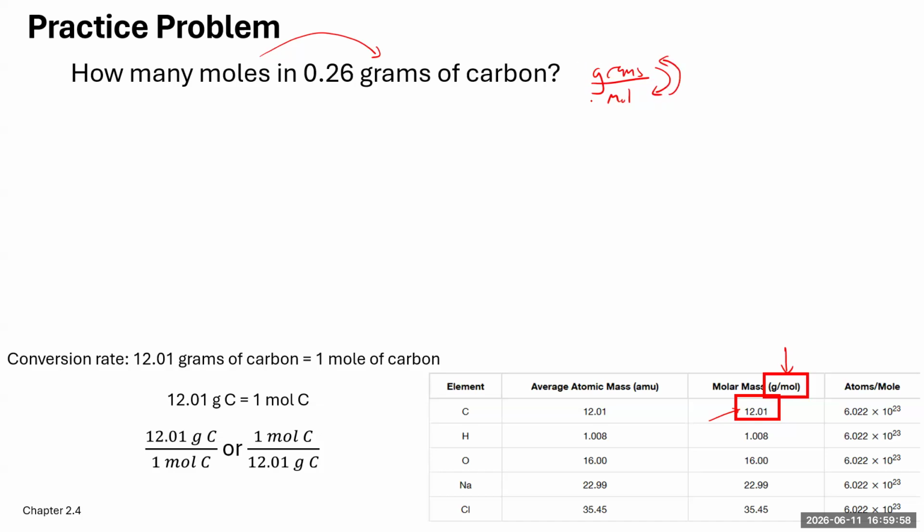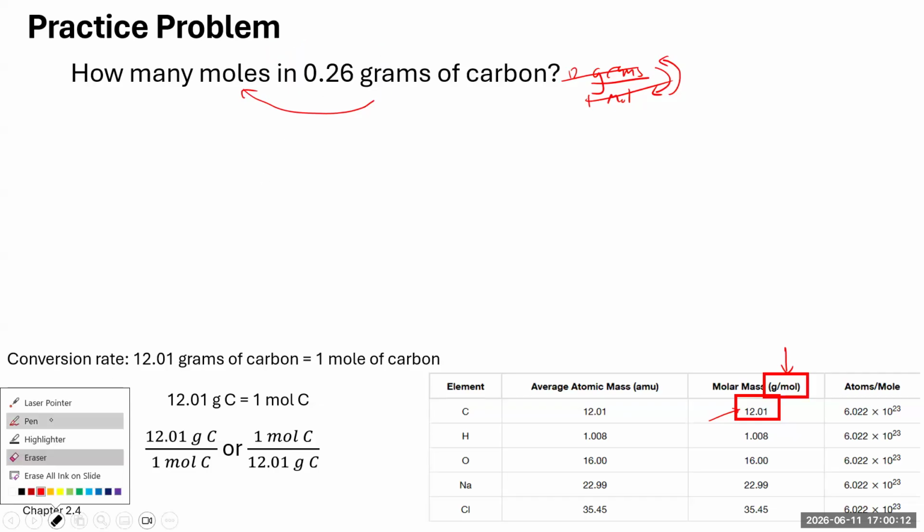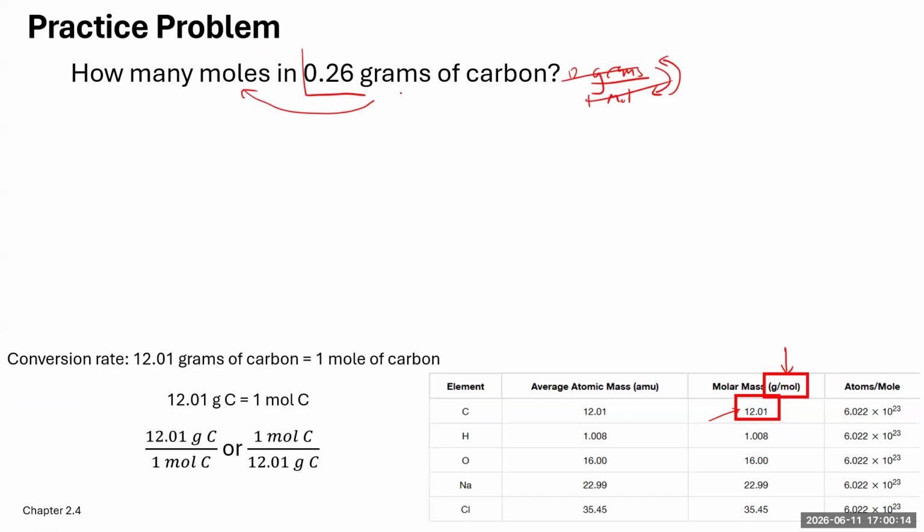It has numbers. 1, 12. So carbon, let's scratch that out, but let's take a look. We're going to go from grams to moles, right? That's exactly what we're doing, grams to moles.